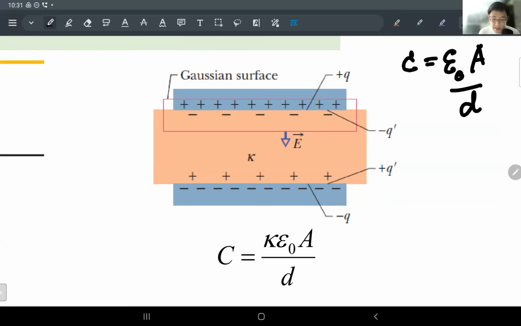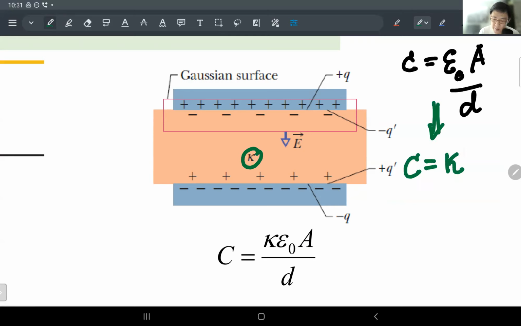Now you squeeze in some dielectric material with the dielectric constant kappa in there. All you need to change is this.